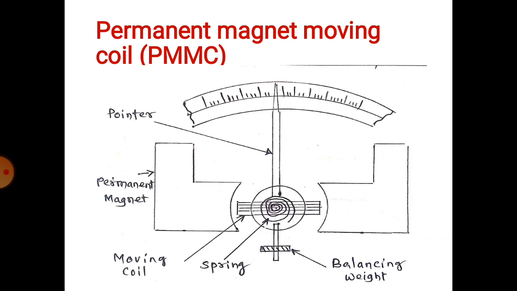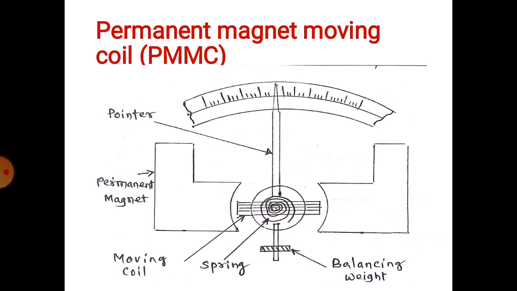The moving coil is wound with many turns of copper wire. The coil is mounted on a rectangular aluminum former pivoted on jewel bearings. The coil moves freely in the field of the permanent magnet. As you can see here, there is a pointer and a permanent magnet, there will be a spring, and there will be a moving coil.